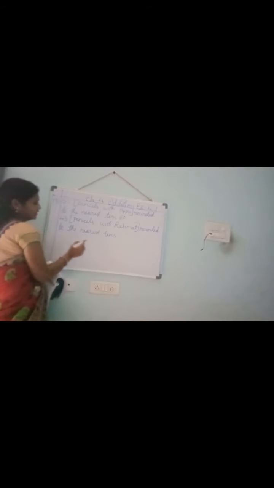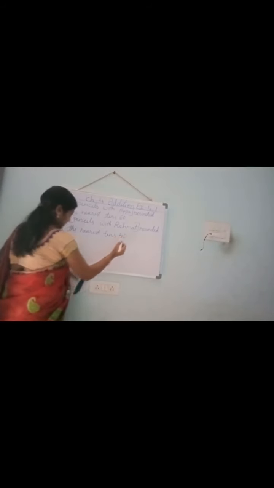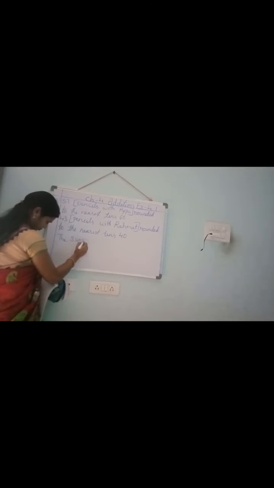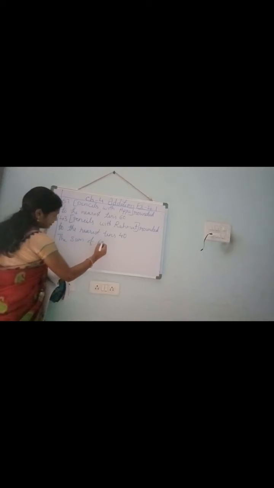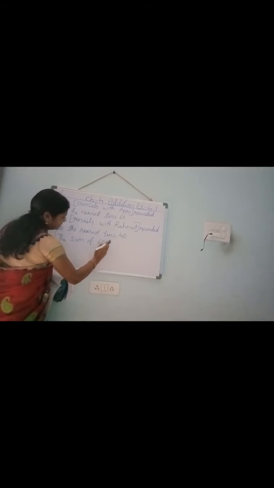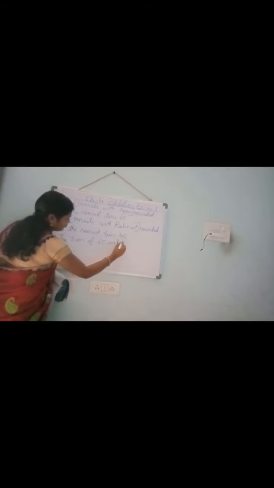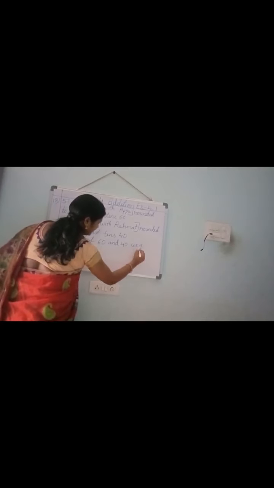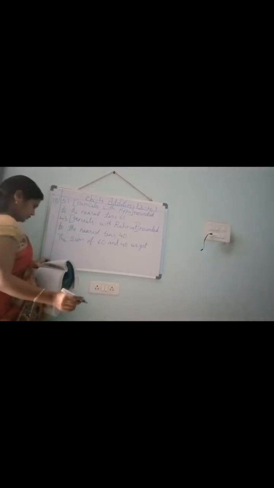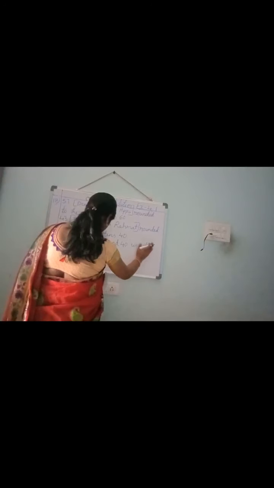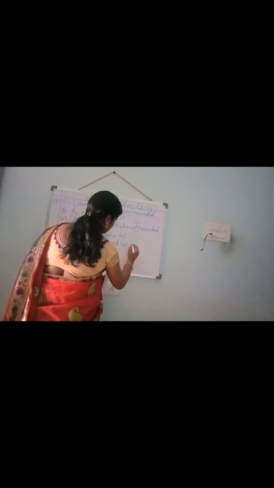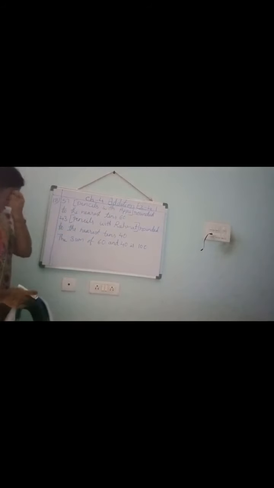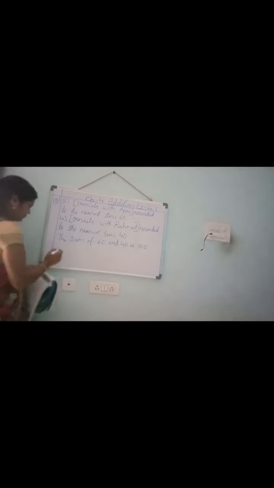How much? 43 nearest? 40. The sum of 60 and 40 is, what do we get? 100. See, the sum of 60 and 40 is 100.